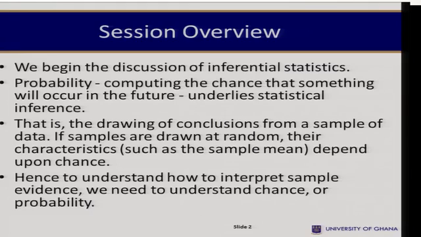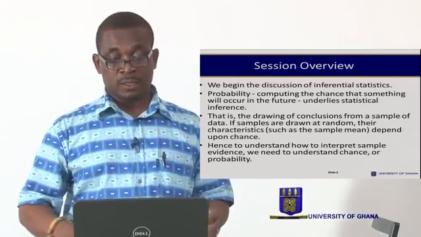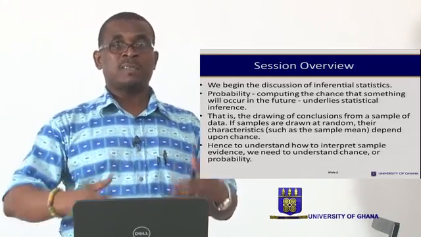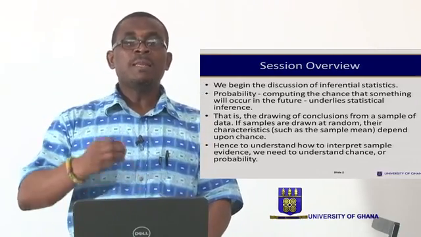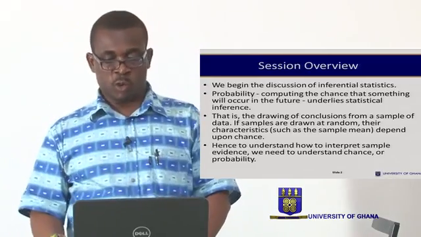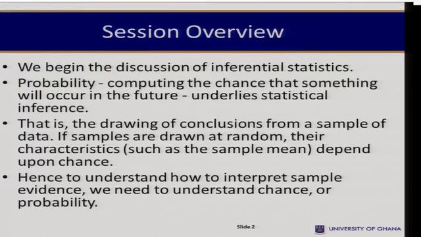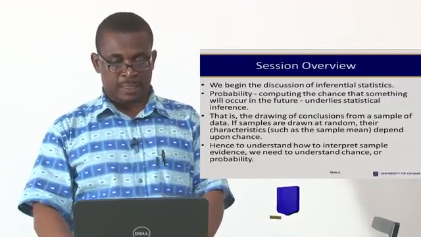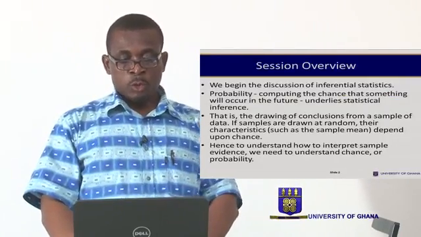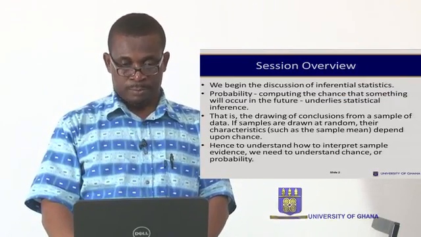Now, if samples that are drawn from the population are random, are analyzed, and certain statistics are computed, such as the mean, then the mean value would depend on which sample is drawn. So it means that the value of the mean itself depends on chance, because the value the mean will assume depends on who is drawn in the sample. So to understand how to interpret sample evidence, we need to understand probability.